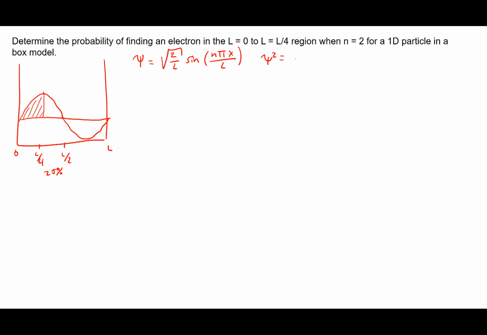So that comes out to 2 over L times sine squared of n pi x over L.